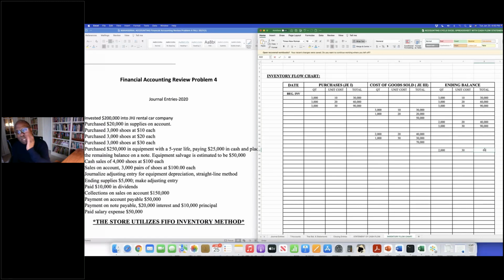So the purpose of the inventory flow chart is to keep track of the inventory that we're selling, and then we use this middle column to get the cost of goods sold, and that's what goes in that journal entry. And it's never the selling price; it's always cost. So this would be 70,000.